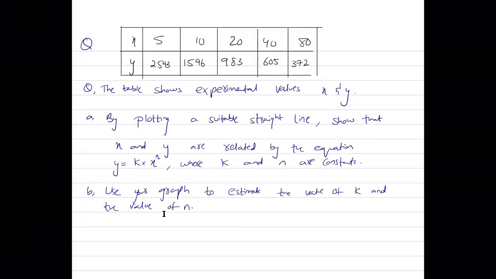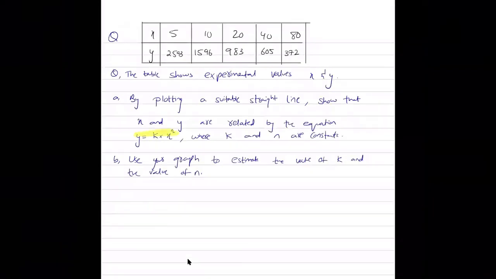Okay, so what I'm going to do first is use this equation over here. The equation is y equals kx to the power of n. Now it's an exponential equation. It's up to you, either you want to take lg, ln, whatever.